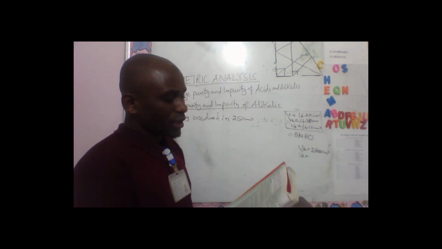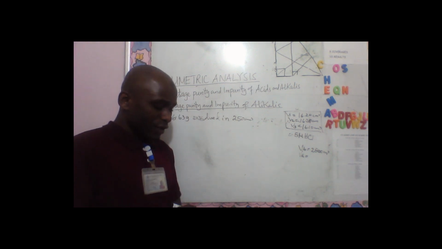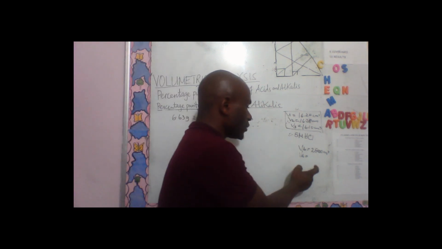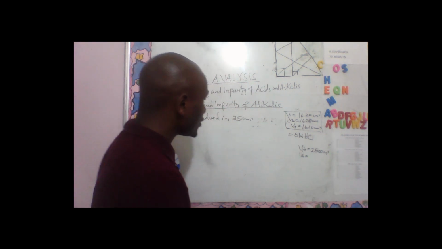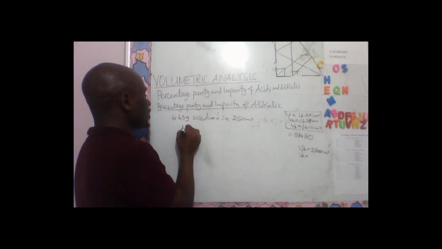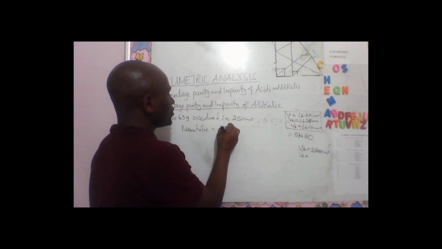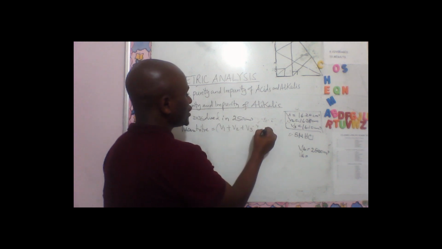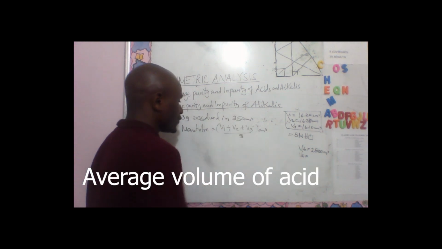But for question number 1, we are required to balance the chemical equation and find the titer value. The titer value can help us get the volume of acid. The titer value, the mean, is equal to V1 plus V2 plus V3 in centimeter cube over 3. We are finding the average.